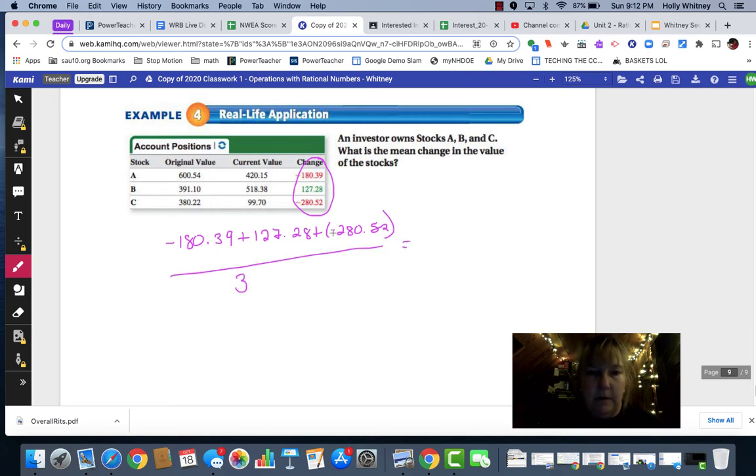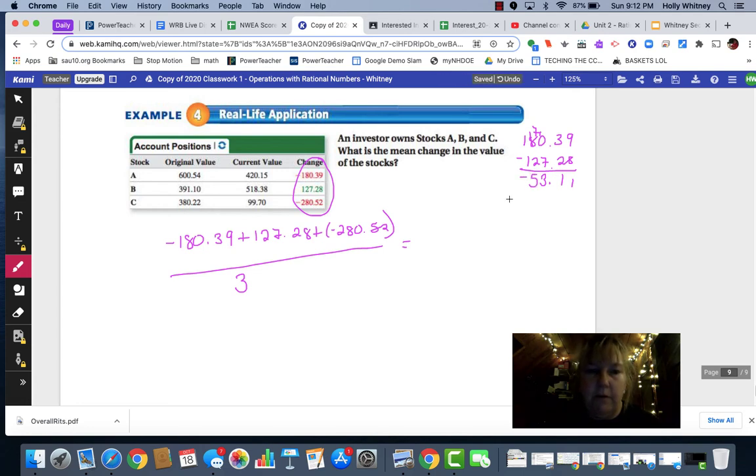I'm going to take the first two, and I know the signs are different, so I'm going to subtract. $180.39 subtract $127.28. I have to borrow here. That gives me $53.11, and it's negative.